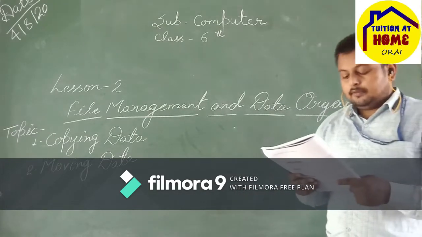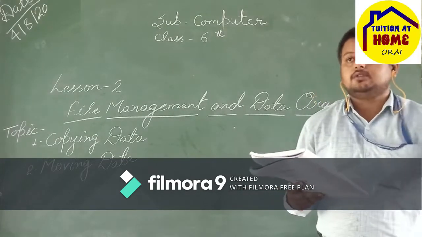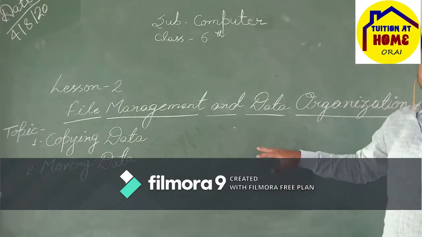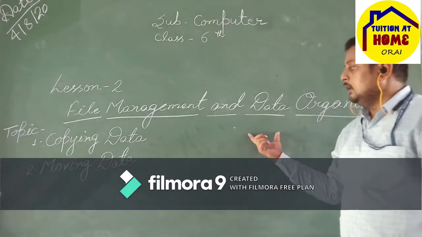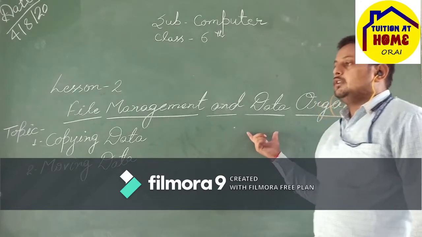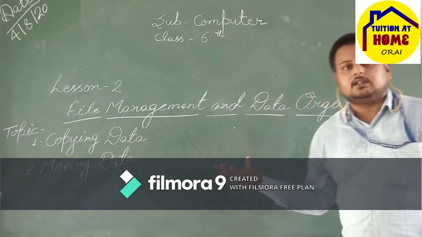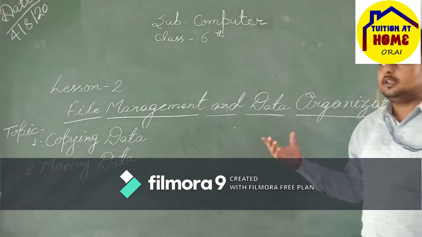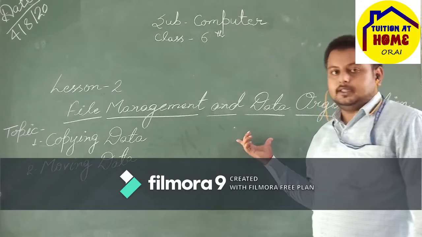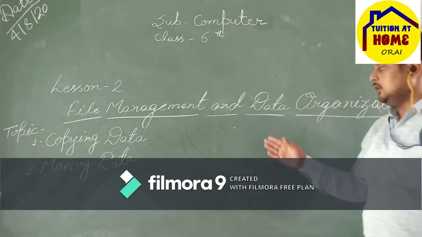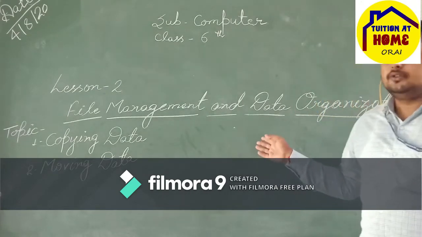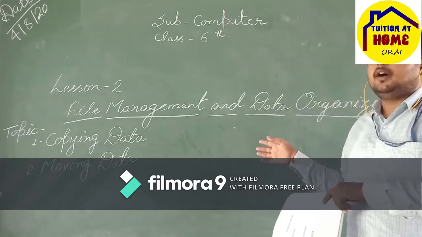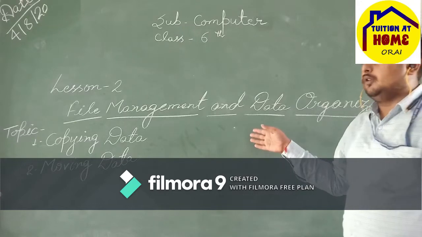Suppose there are some files or some folders. A folder is like a container. In a container, a specific type of thing is stored. Like if the folder is of music, then you can save only music files in that folder.